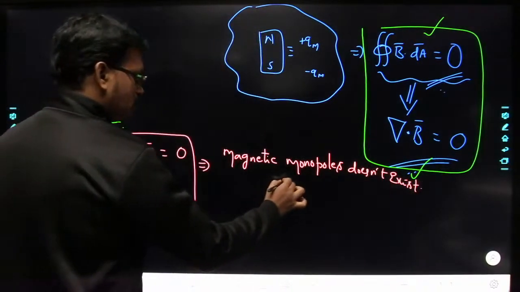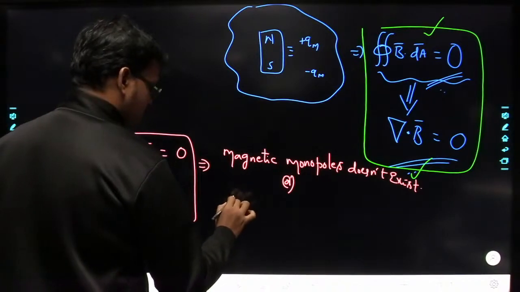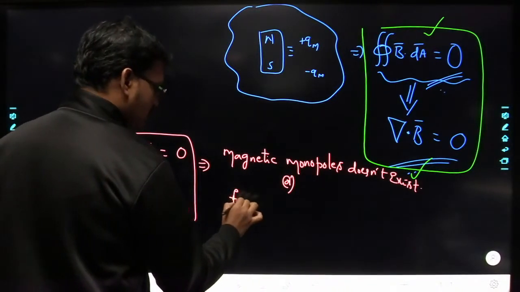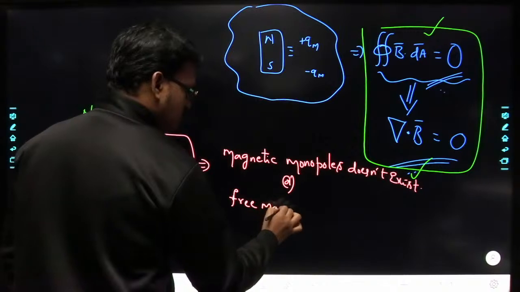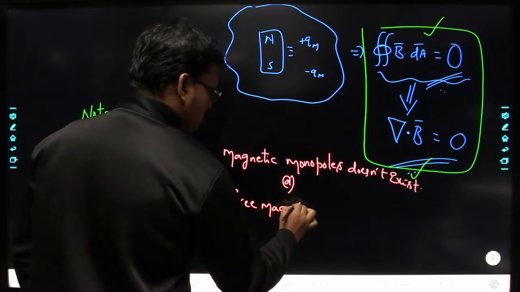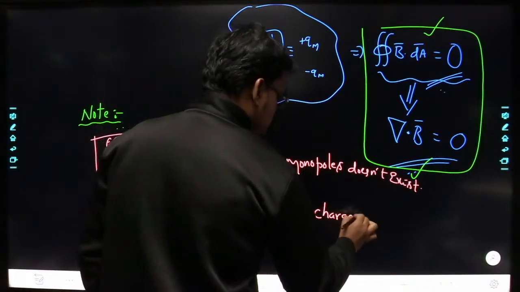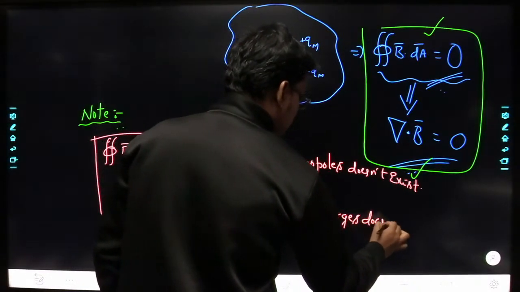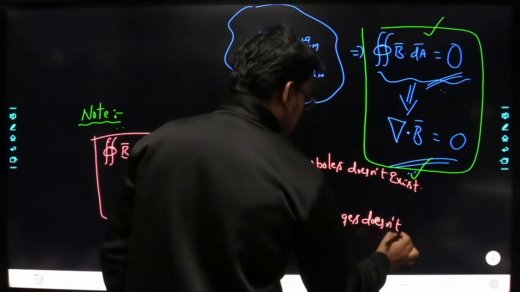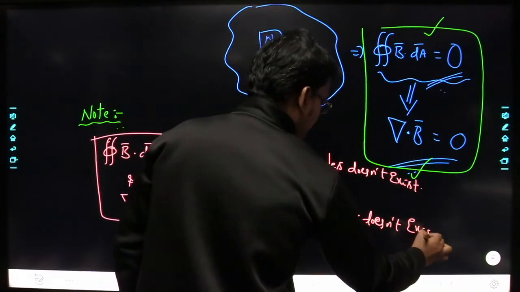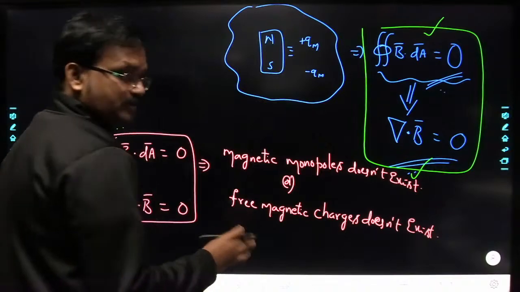Or you can say free magnetic charges don't exist. That means plus QM and minus QM don't exist separately.